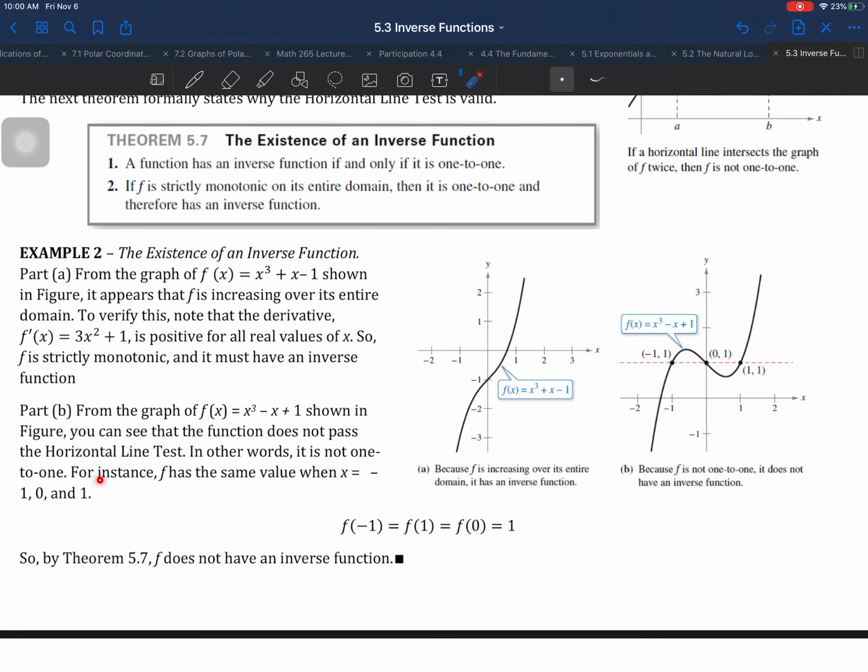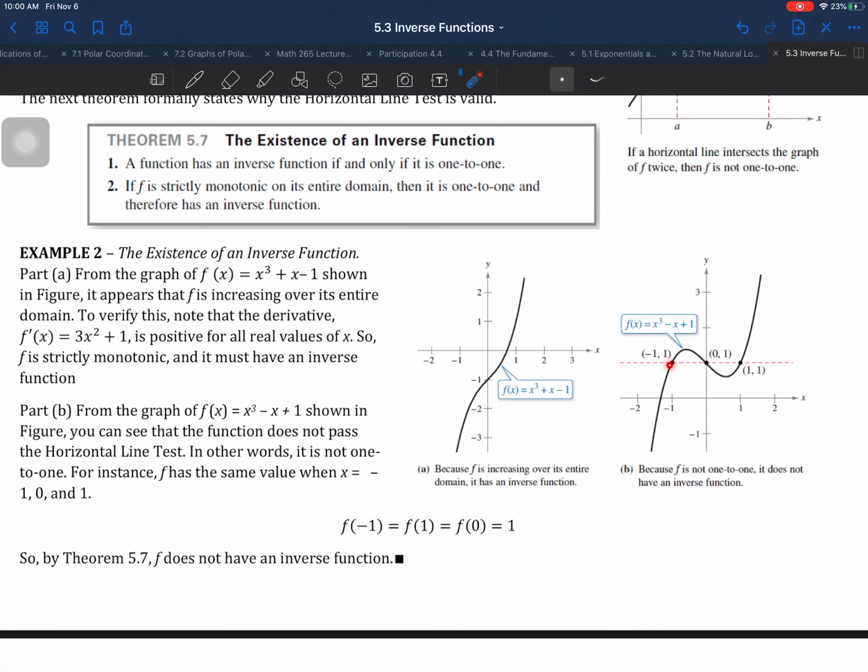In other words, it is not one-to-one. For instance, it is not one-to-one because f has the same value at x equals -1, x equals 0, and x equals 1. So you cannot have the same value in the function, right?